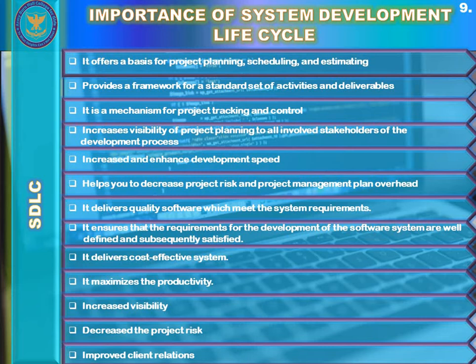Then after that phase, another phase would start. So they are very clear that one stage or one phase would get completed, then after that another stage or phase would start, and with each and every stage or phase, certain team members are engaged. Certain team members are engaged with planning, certain team members are engaged with requirement engineering, certain team members are engaged with the feasibility study. So this speeds up the development speed of that software or system.